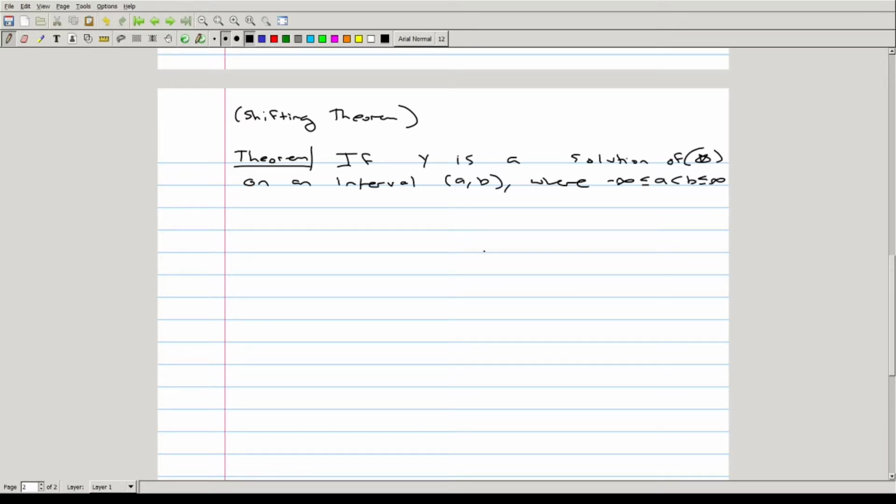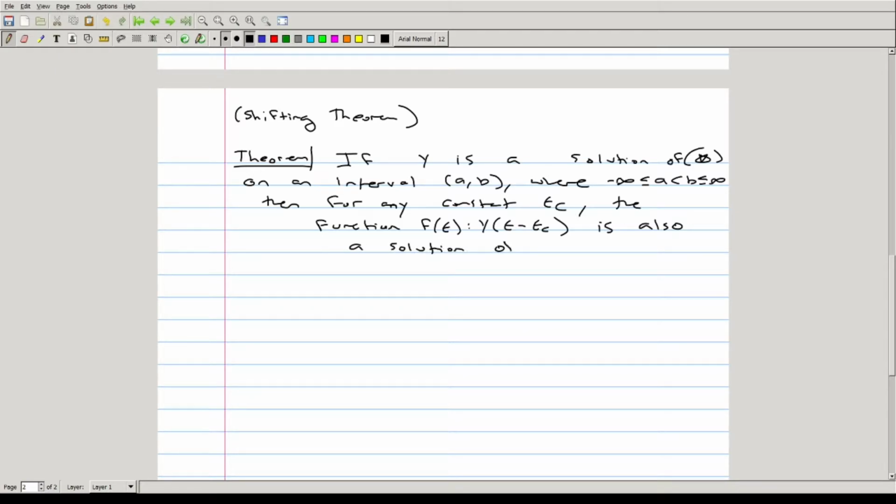where a is, as we talked about in the last lecture, then for any constant value tc in this interval, the function defined by y of t minus tc is also a solution of the differential equation on the shifted interval from a plus tc to b plus tc.